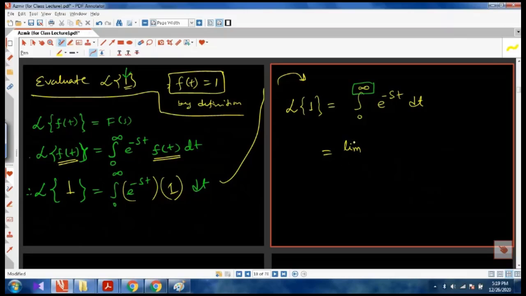Let's say limit k approaching infinity, then 0 to k. It is an improper integral having a finite lower limit, but the upper limit is infinity, so it is unbounded.